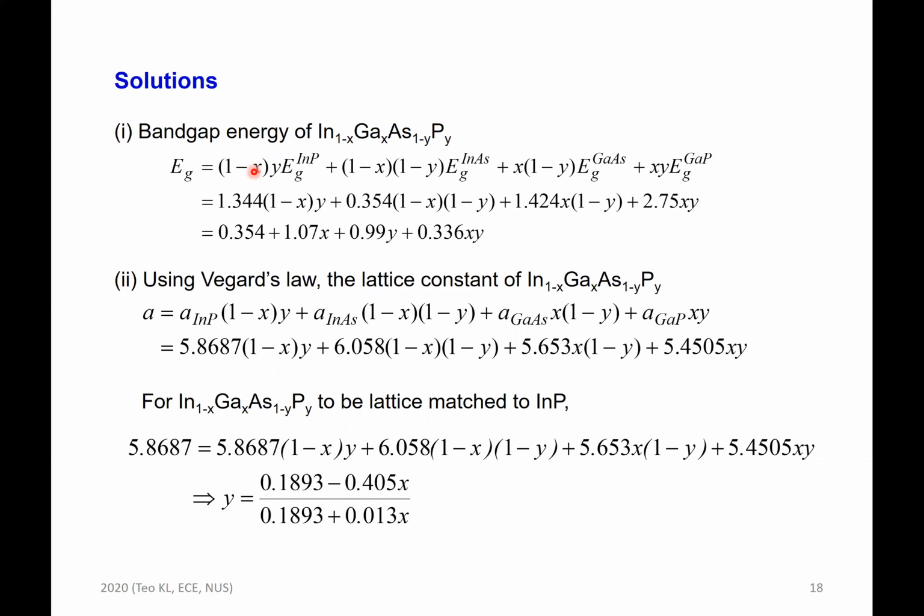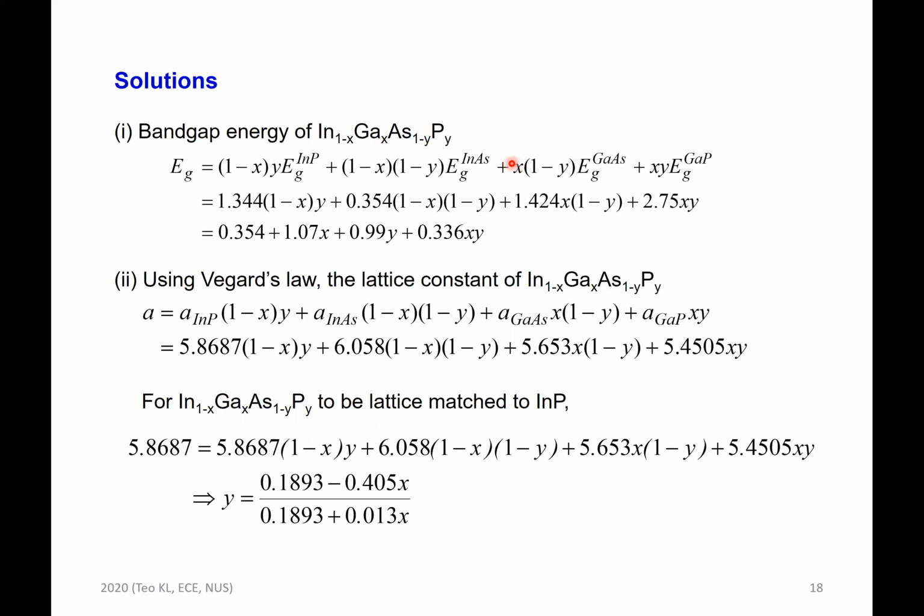So you take 1 minus X, Y, times the band gap of indium phosphide. And then indium arsenide, the other endpoint, you have 1 minus X and 1 minus Y. And then the band gap of gallium arsenide, you have X and 1 minus Y. So that will be your factor X, 1 minus Y.